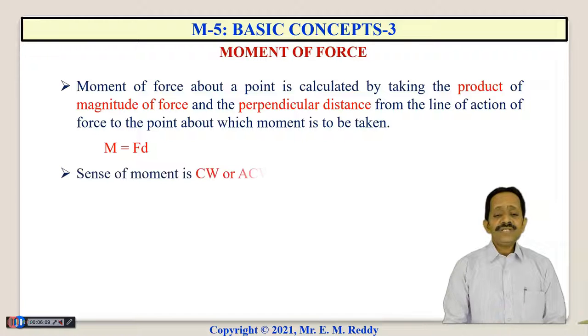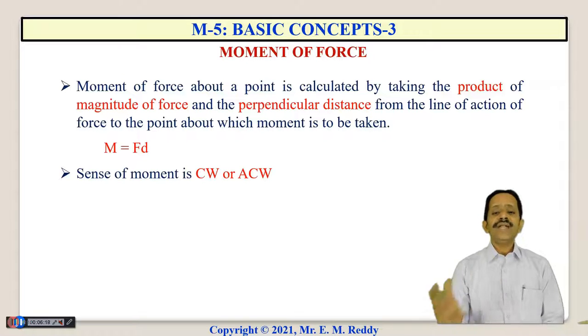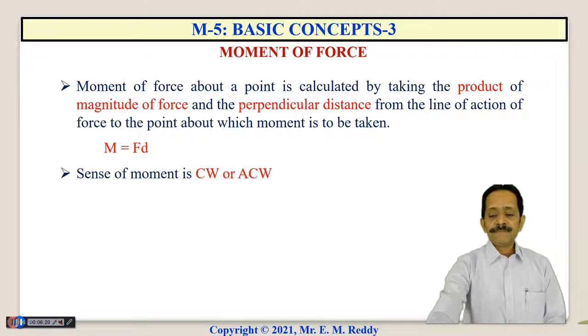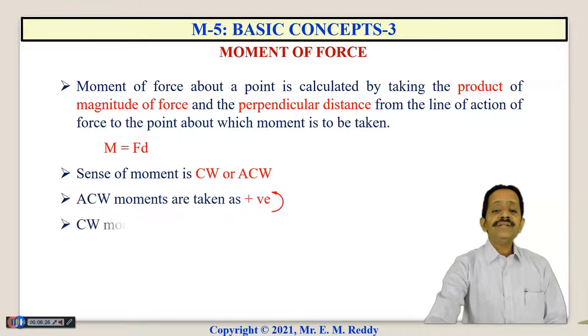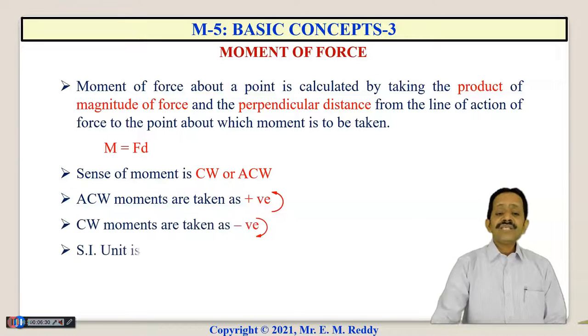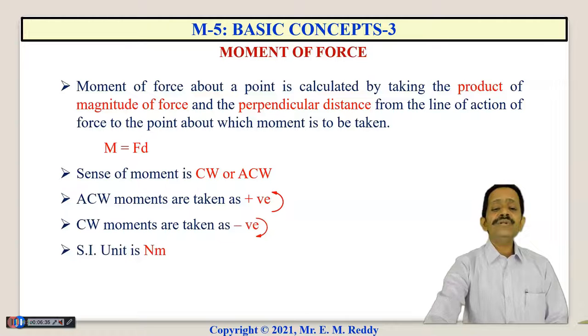The sense of the moment is either clockwise or anti-clockwise, depending on whether the force tends to rotate the body in a clockwise direction or anti-clockwise direction. In our study, anti-clockwise moments are taken as positive and clockwise moments are taken as negative. The SI unit is Newton meter. Simply, it is force into distance.